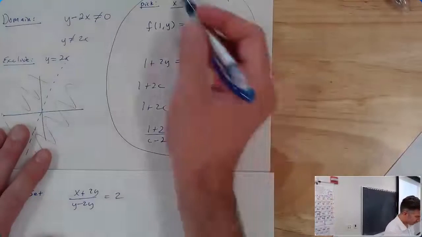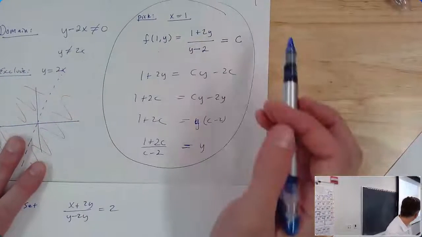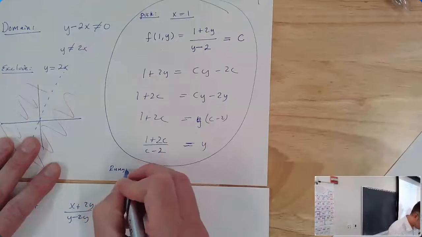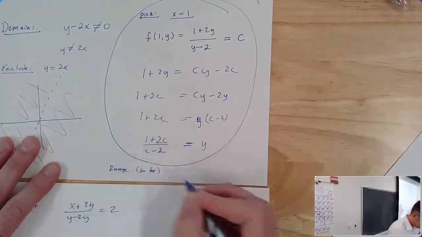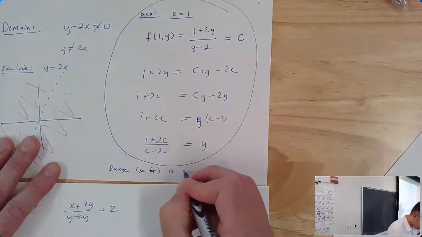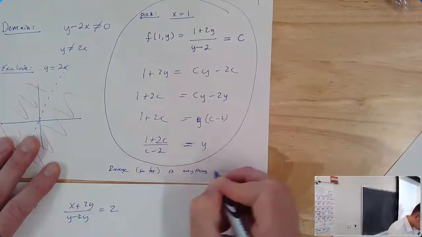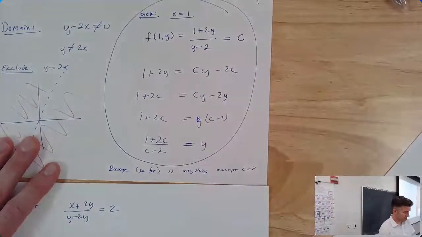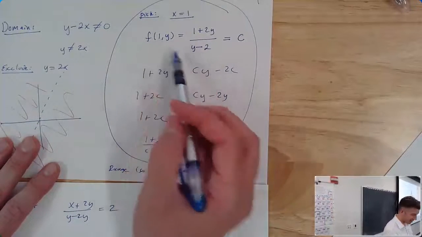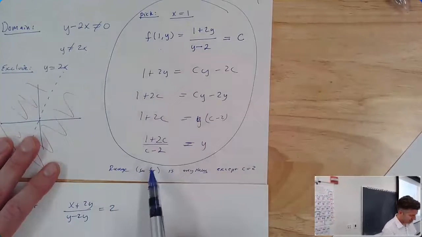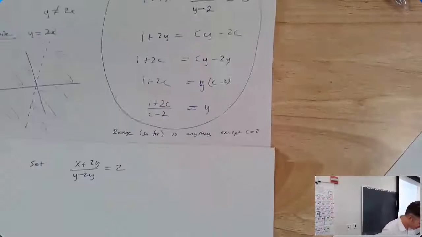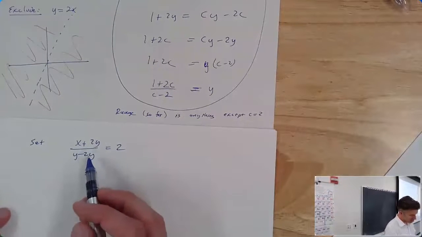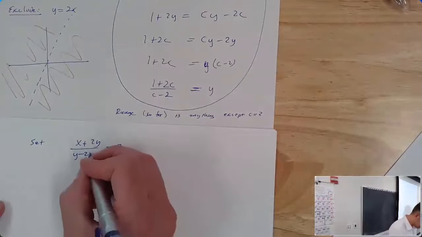So far, my range can be anything except for 2, because my function of 1 comma y can equal any c value except for c equals 2. So now we're going to check, can my function actually equal 2 as well? I made a little mistake here. That should be y minus 2x, sorry.